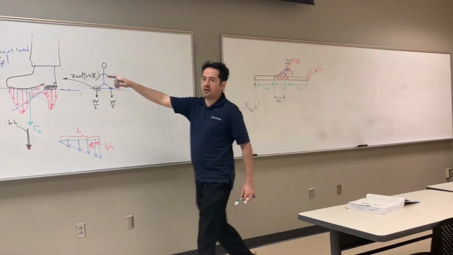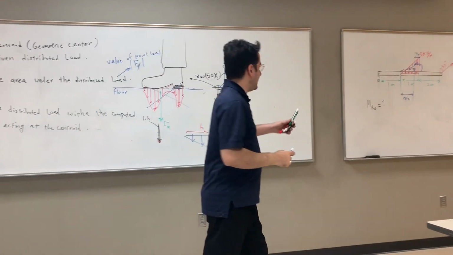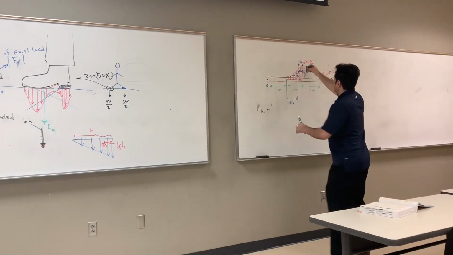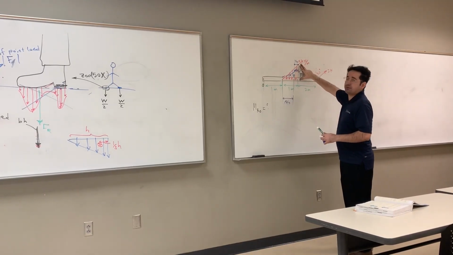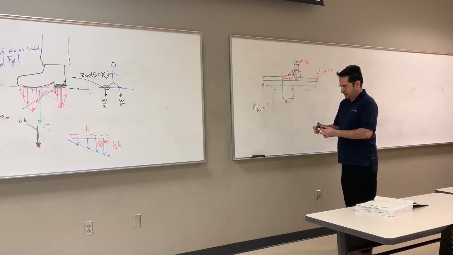So that's the location of the centroid. That's step 1, find the centroid. Step 2, compute the area under the load. What's the area under this load? The height is 5 kilonewton per meter. The bottom is 1 meter. So what's the area?